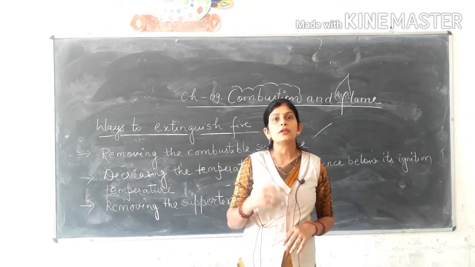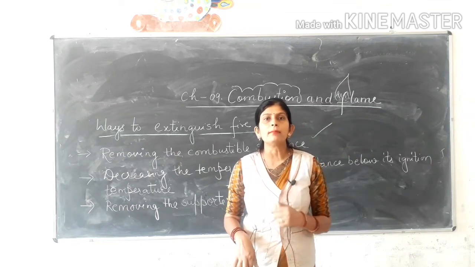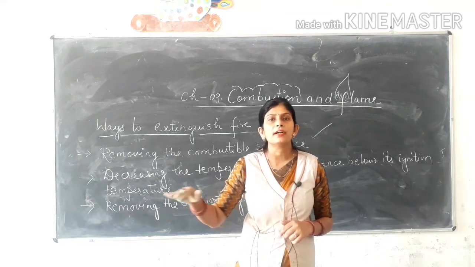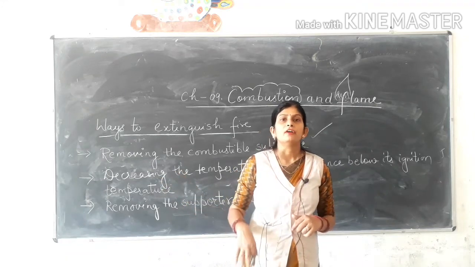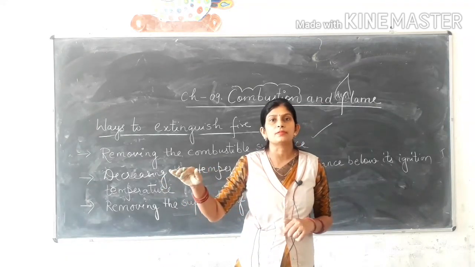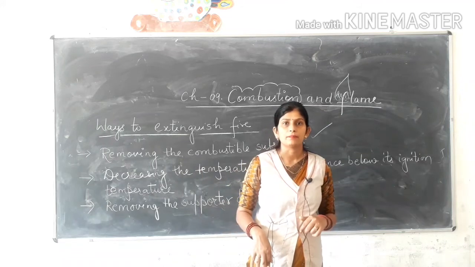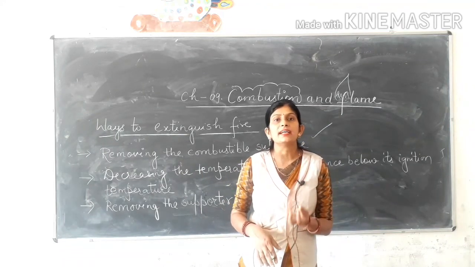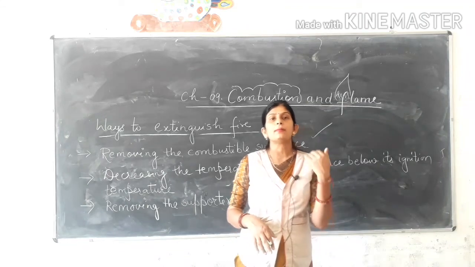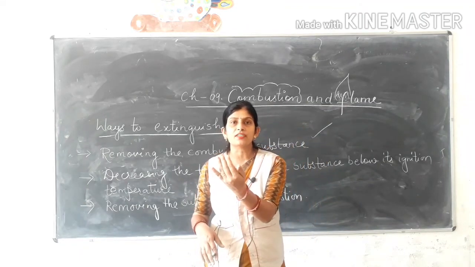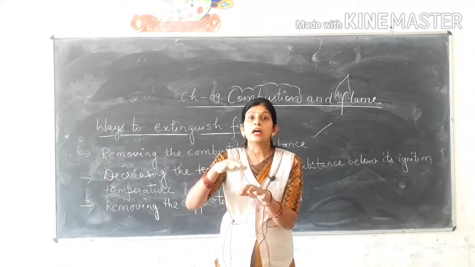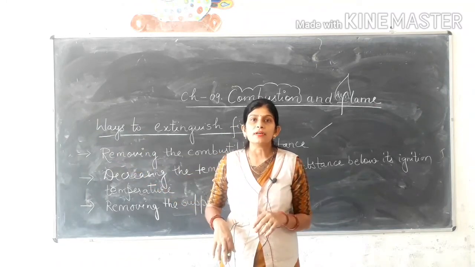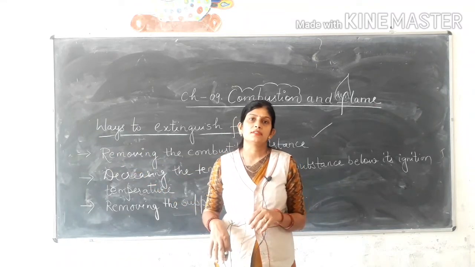Nowadays we are using a modern method of covering burning substances or fire with a non-combustible substance, that is carbon dioxide. In extinguishers, carbon dioxide is produced, and it is spread from the extinguishers to cover the burning substance.